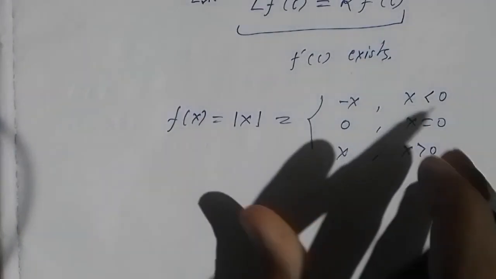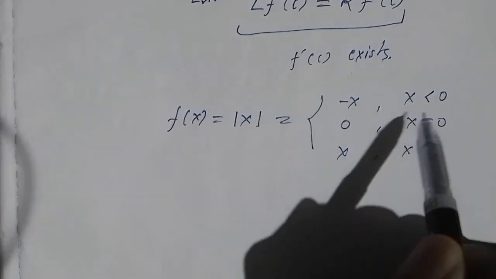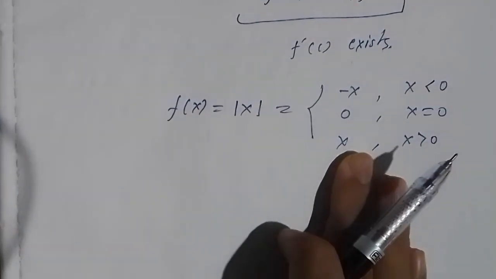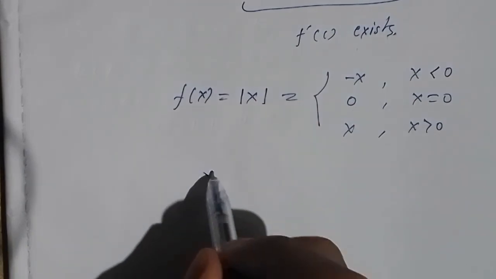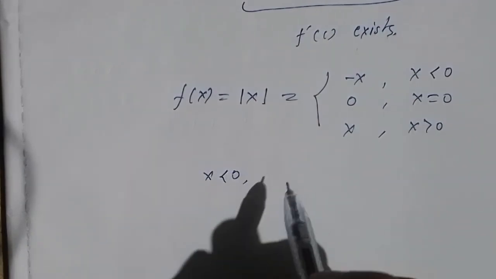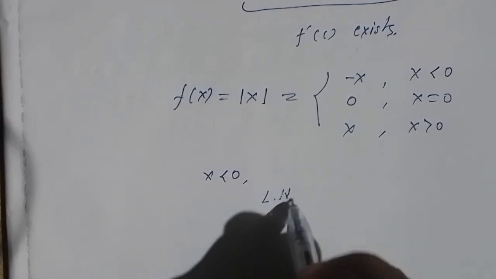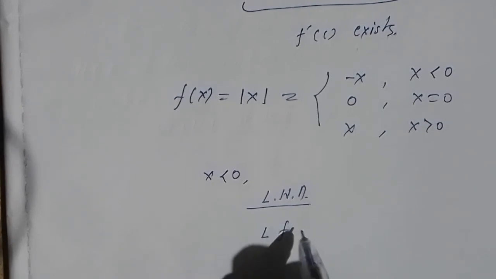So we first find the derivative for x less than 0 and for x greater than 0. Let's see each case. If x is less than 0, then the derivative is the left-hand derivative, denoted L f'(c).